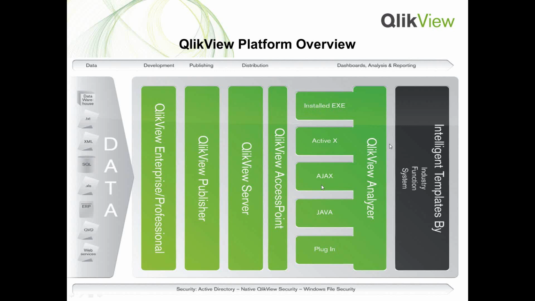Or you could have an ActiveX, which is basically for Internet Explorer. So you have an IE plugin, which is an ActiveX control, and it lets you view the dashboards in Internet Explorer. Then Ajax and Java are now merged into a single plugin called Ajax.